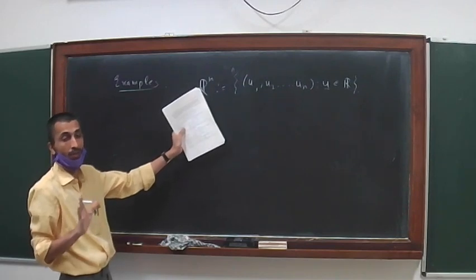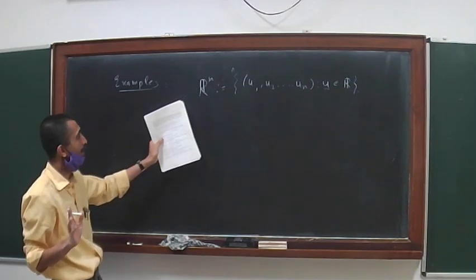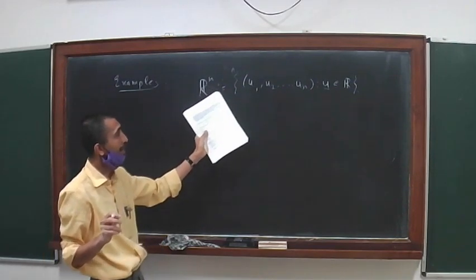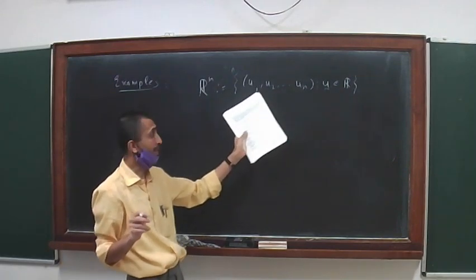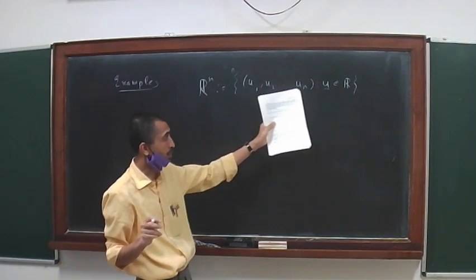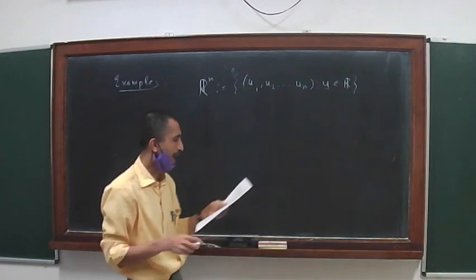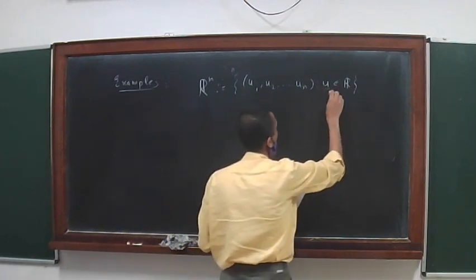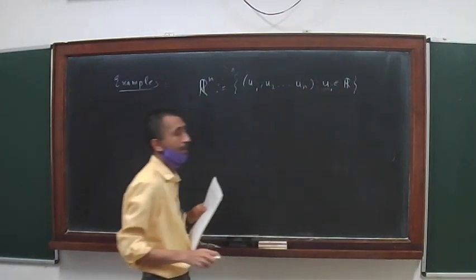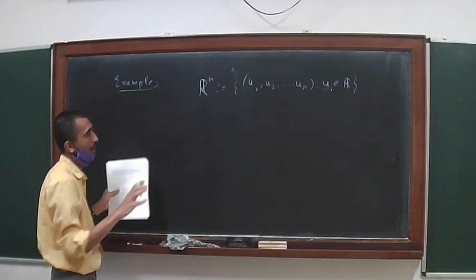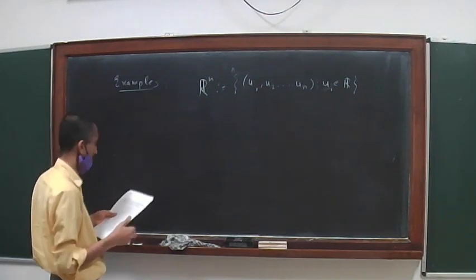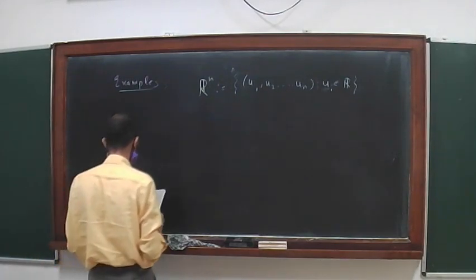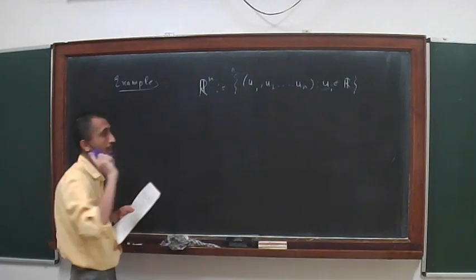Okay, so colon equal to always means definition. So I'm defining this Rn as the set of these numbers u1, u2 up to un, each ui belonging to R. Okay, so each ui belongs to R. So it's just a collection of n real numbers, basically. Okay, so that is Rn.